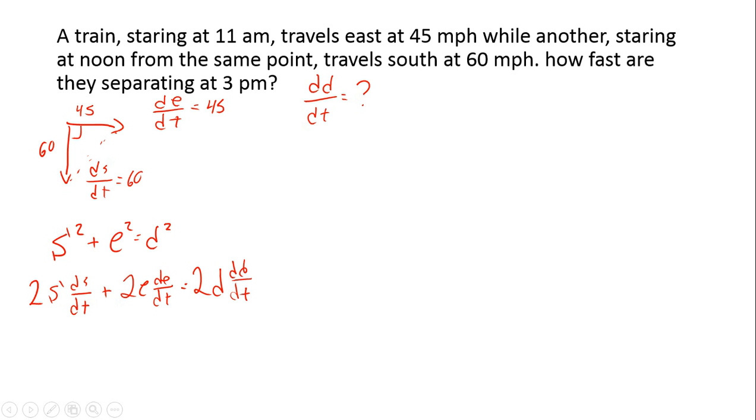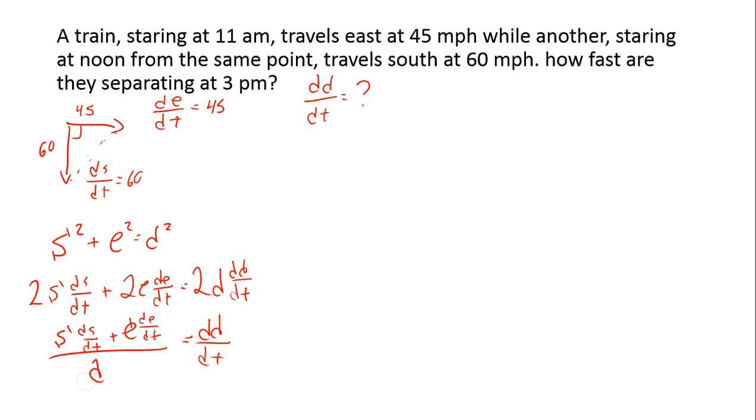Okay, and now we would want to get the dD over dt by itself. So dD over dt is equal to s dS over dt plus e dE over dt, all over d.